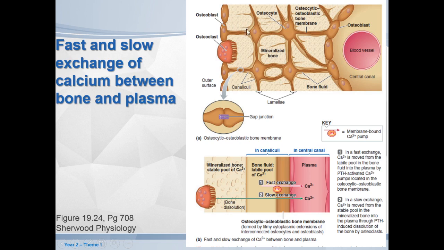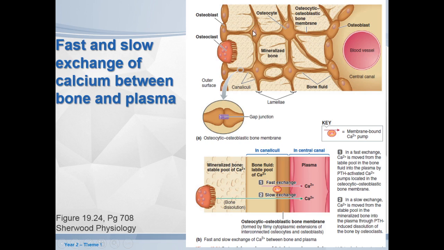Okay, so the parathyroid hormone can cause removal of calcium from this bone fluid into the osteocyte cell, and then through the gap junctions, these calcium ions move to the next neighboring cell, and finally to the osteoblast cells, and through this the calcium will diffuse into the central canal blood. This is the fast exchange, and it is done by stimulation of the calcium pump.